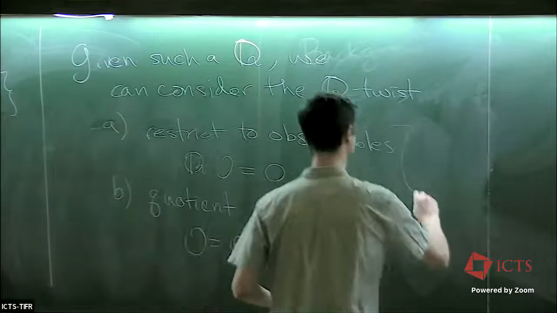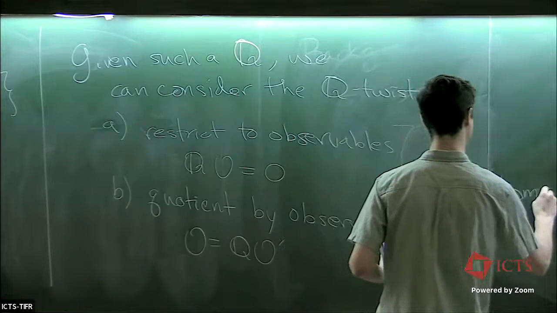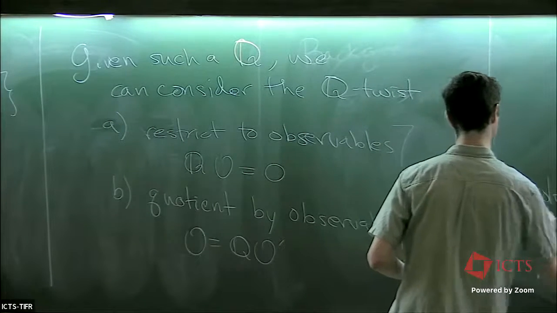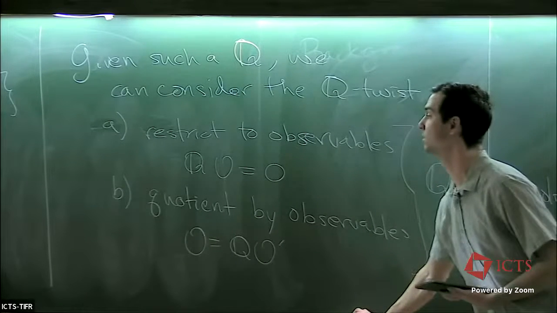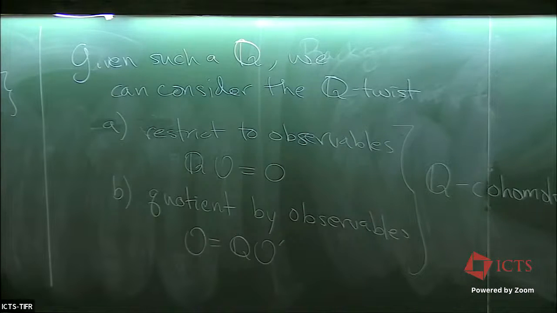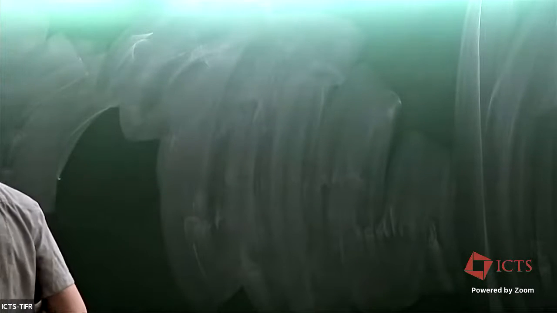AKA, this Q twist is in some sense just looking at the Q cohomology of all sorts of observables in our theory. So just like in the quantum mechanical setting where we looked at the Q cohomology of states, we can do it also with local operators and extended operators, and that'll be this twist that we're talking about. Oh boy, so many things to say, so little time.